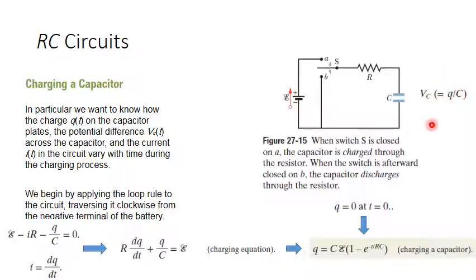Also, we can find the voltage at the capacitor from Q. Q over C will give the voltage at the capacitor. So, very simple. If I'm interested in finding the potential difference at the capacitor as a function of time, it would be Q over C. So the potential here would be E multiplied by 1 minus e to the power minus t over RC.